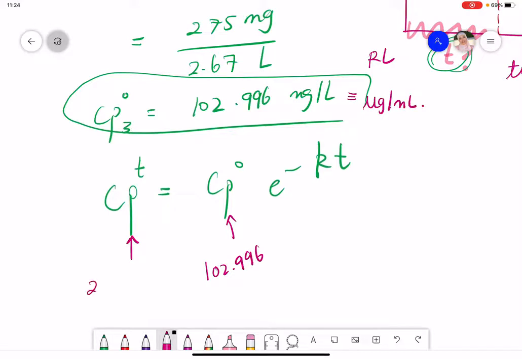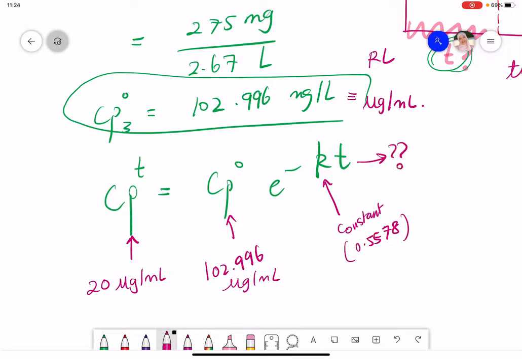So 20 microgram per milliliter, we are using the same unit. And this is constant, which is 0.5578, and this is the time that we are asking about.